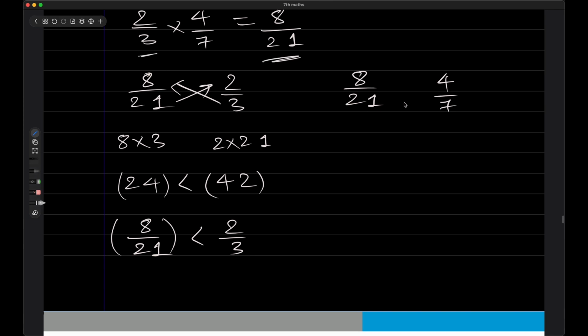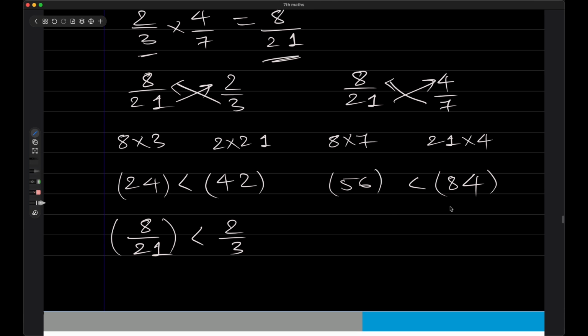Now compare for 4 divided by 7. I will multiply 7 with 8, and I will multiply 21 with 4, write it below 4. We have 84 greater than 56, so we have 4 divided by 7 greater than 8 divided by 21.